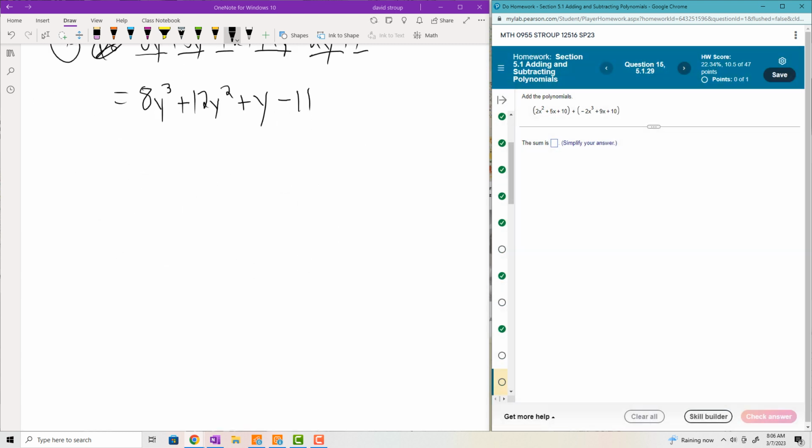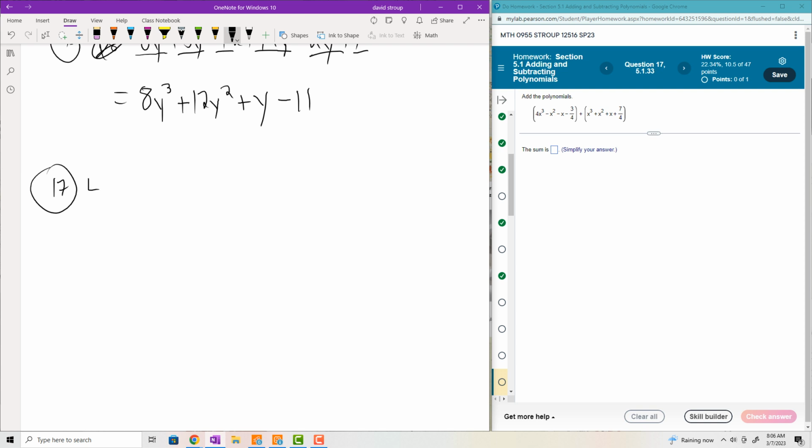More of the same, just adding like terms together. Higher exponents. Here's one with some fractions. Let's go ahead and do that one, number 17. So 4x cubed minus x squared minus x minus 3/4 plus x cubed plus x squared plus x plus 7/4.